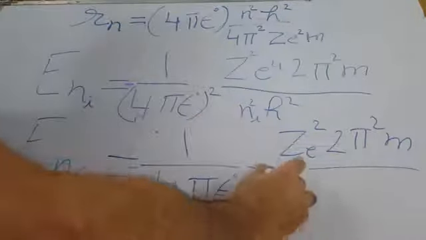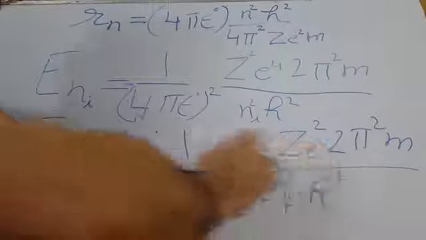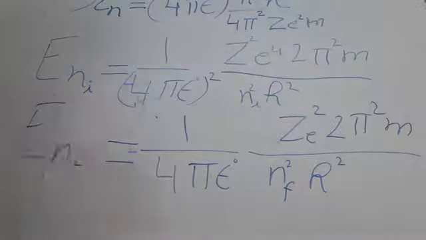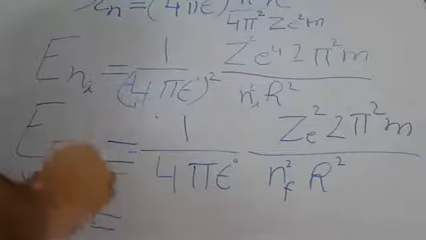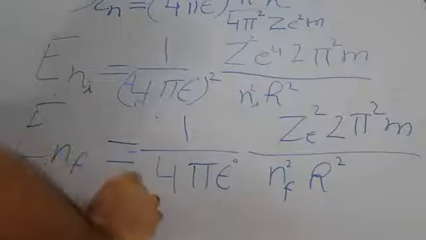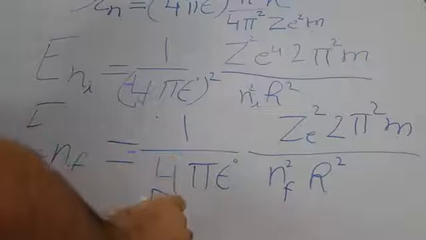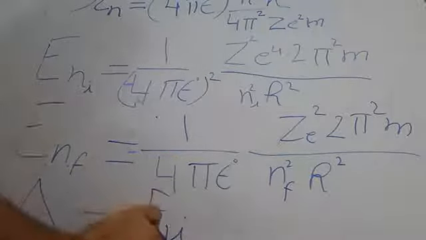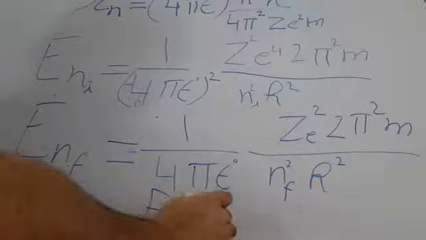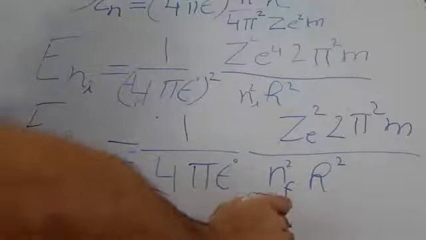The n. And delta E is equal to this: the initial minus the final.